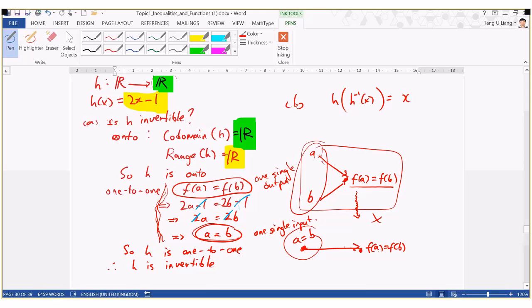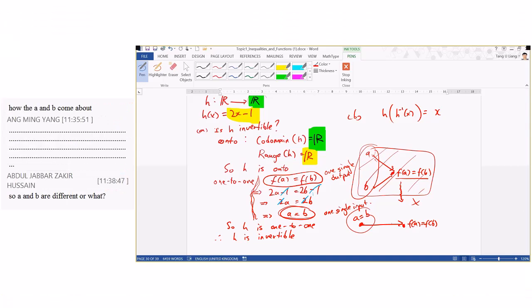When you start off the working, A and B are just two different symbols. When you start off at F(A) equals F(B), you still don't know whether A and B are equal.